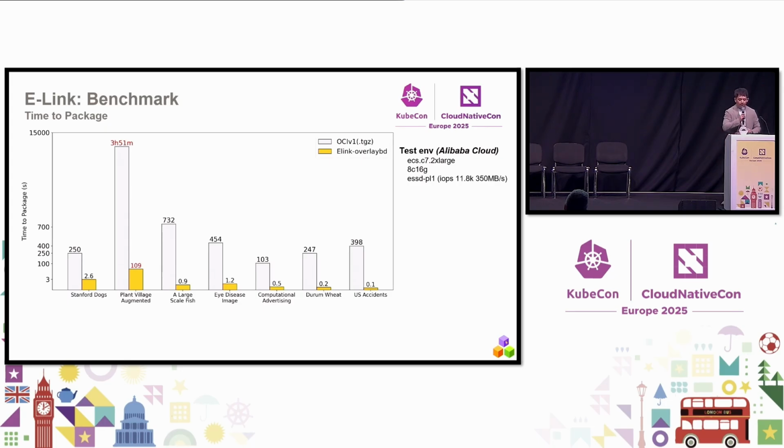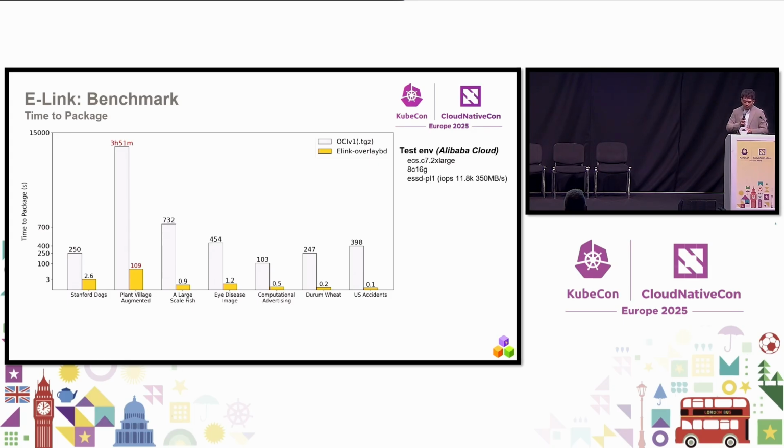Based on the plan above, we conducted performance tests on E-Link for packaging and full volume access. During the packaging phase, E-Link transformed the file copy into recording the reference data, which gives E-Link significant advantages in both packaging time and build speed.